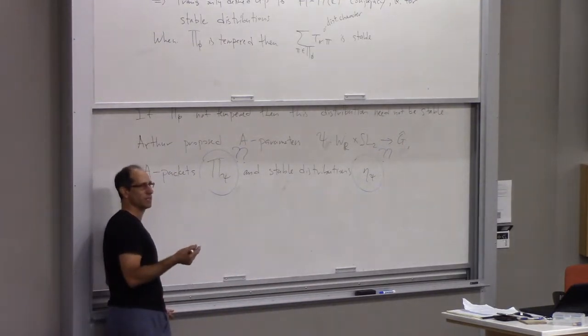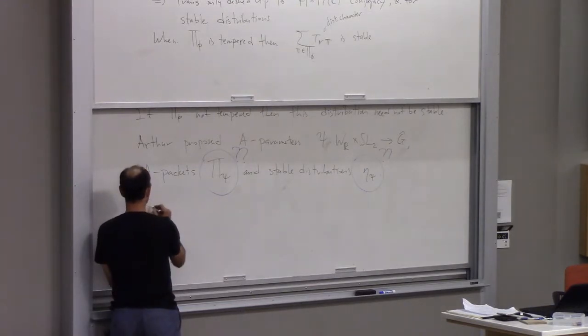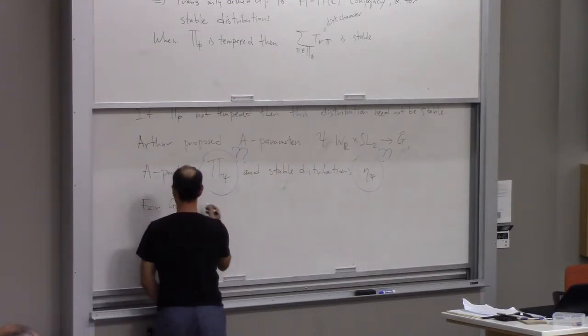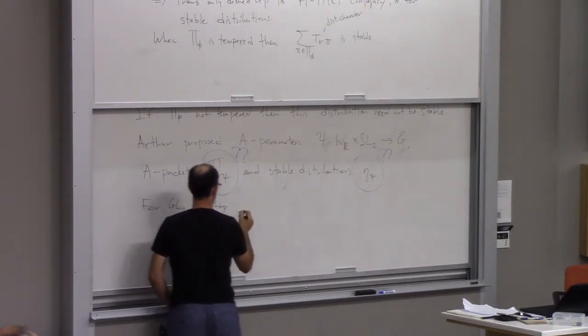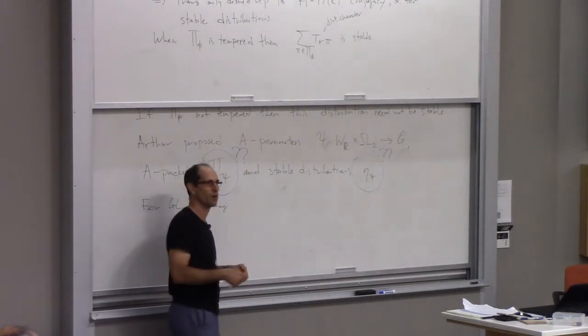So there are some important, nice cases for GLN. For GLN, everything is stable. So all conjugacy classes are stable conjugacy classes. It's Jordan canonical form.